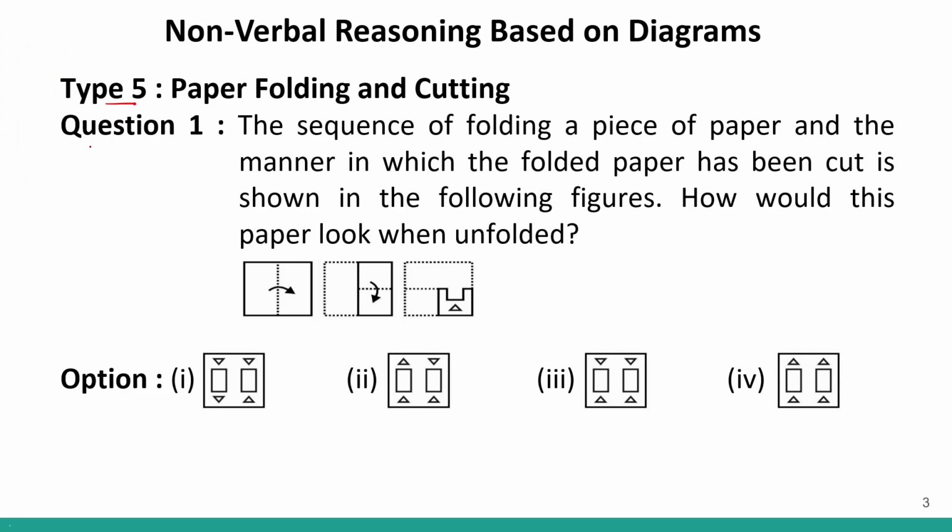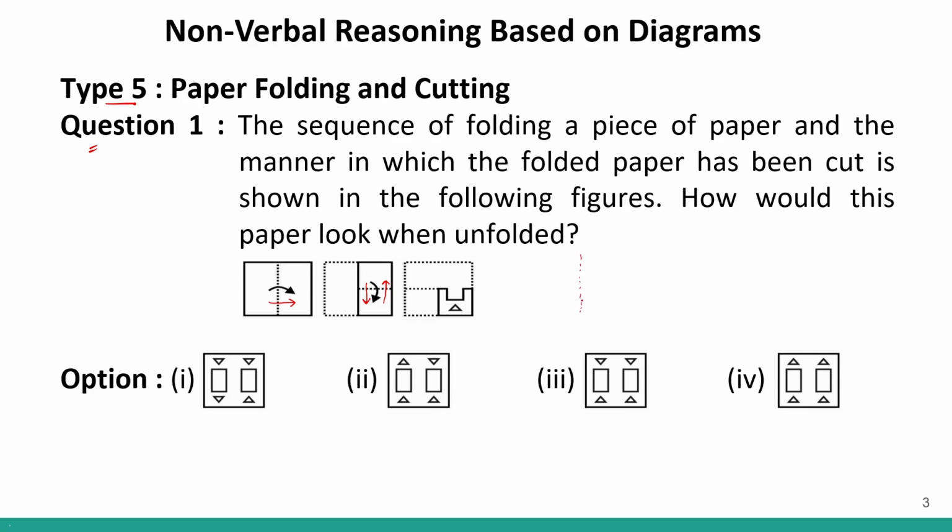This is question number 1. Now, we are given this. Over here, you can see the paper first is being folded like this, then it is folded like this, and then these incisions are made. Okay, now if I open the paper, I will open it like this, correct? So if I open the paper like this, it is still folded from this side.